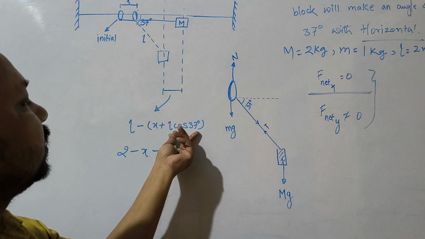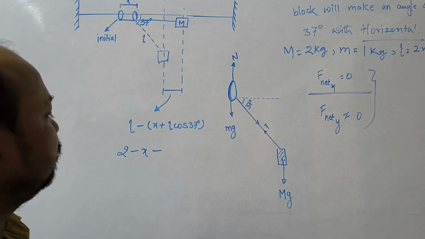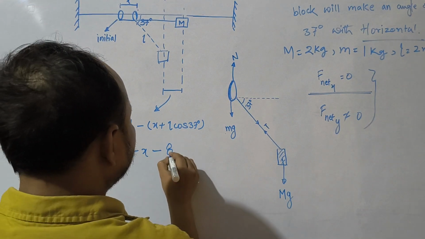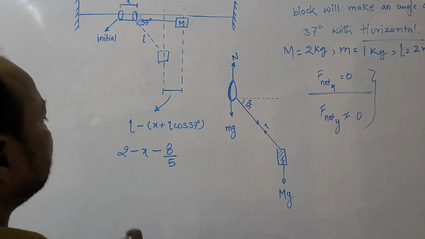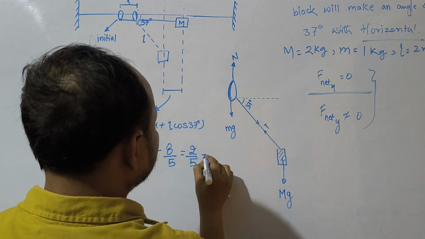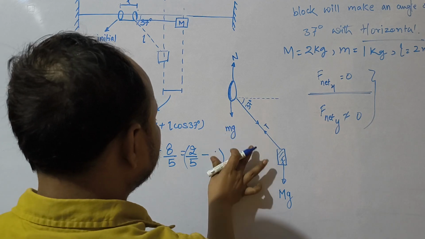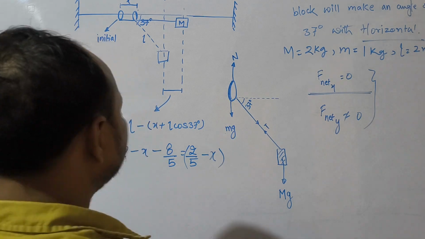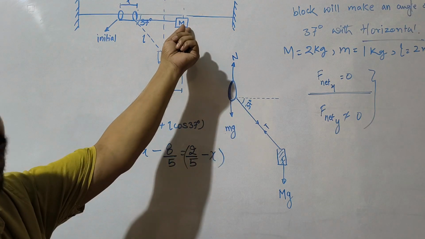What is the value of cos 37? 4 by 5 into 2, so 8 by 5. So 2 minus 8 by 5 will come out 2 by 5 minus x, which is the distance shifted by the block.